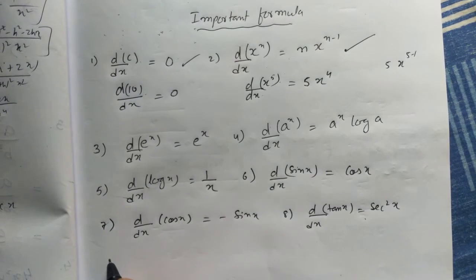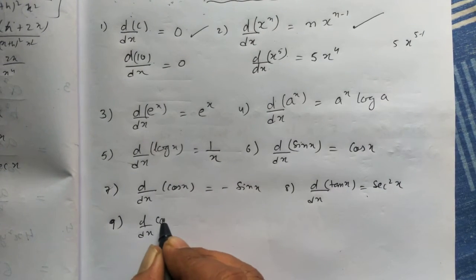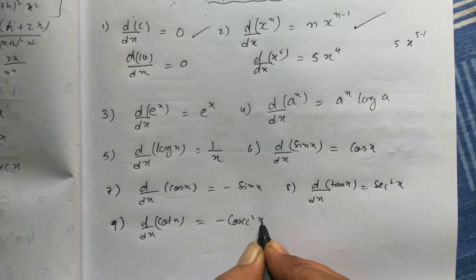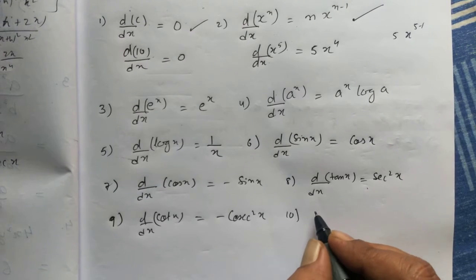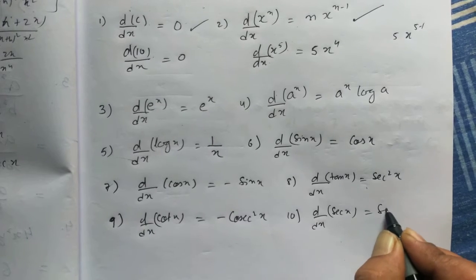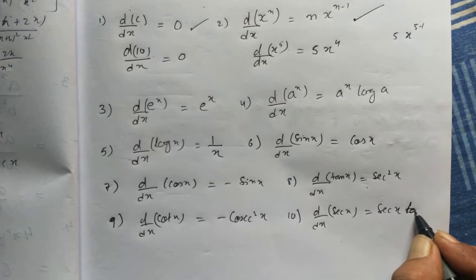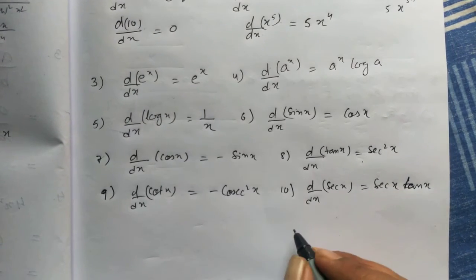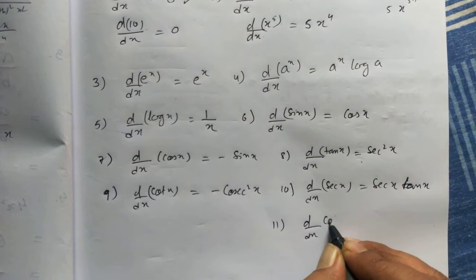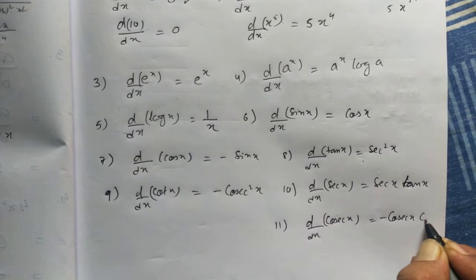If we derive cot x, we get minus cosec square x. If we derive sec x, we get sec x tan x. And if we derive cosec x, we get minus cosec x cot x.